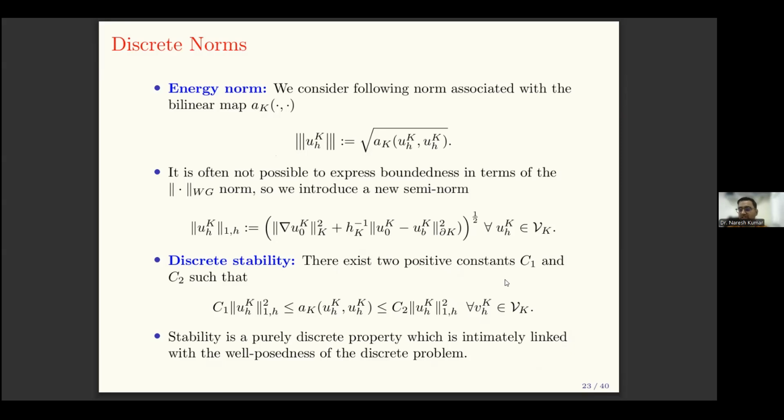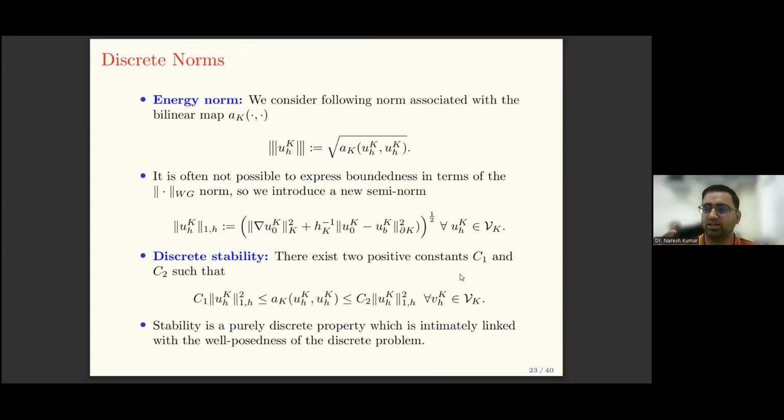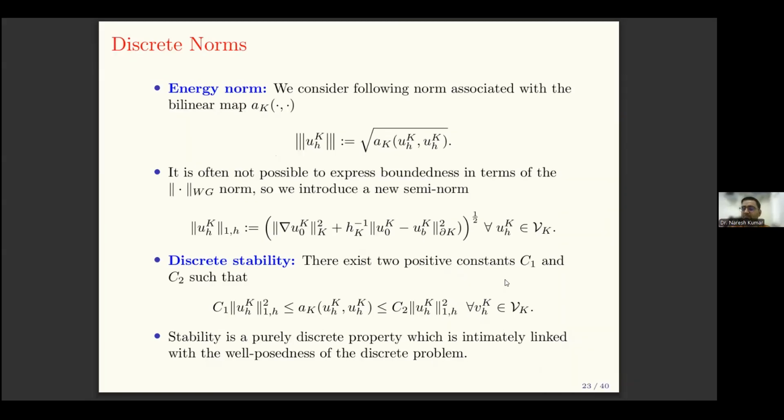Suppose you take the 0 1 interval and split it into four parts: 0, 1 by 4, 1 by 2, 3 by 4, 1. So in VB you have only three numbers, because 0 and 1 are on the boundary, so you don't need to define them. You define VB on just 1 by 4, 1 by 2 and 3 by 4. So it is just a number, because in 1D we don't have edges, we have only grid points.